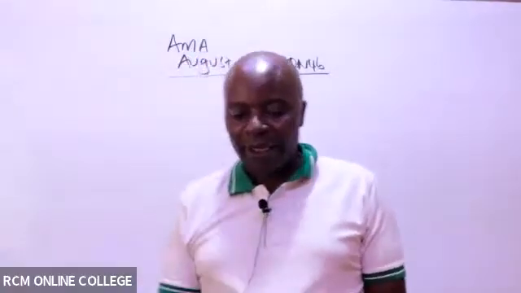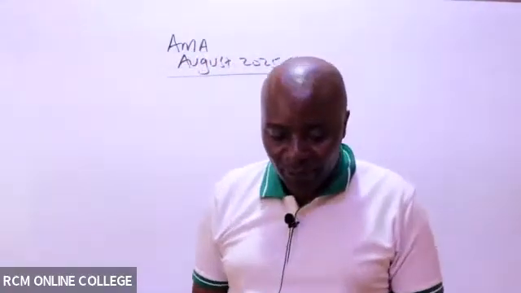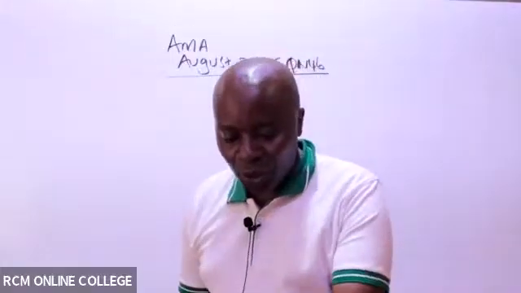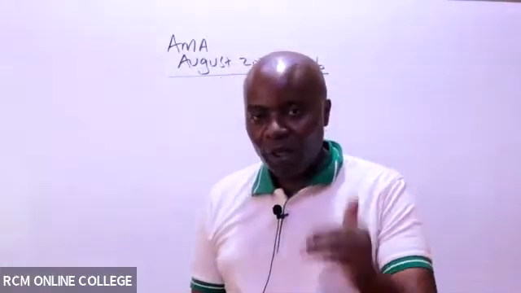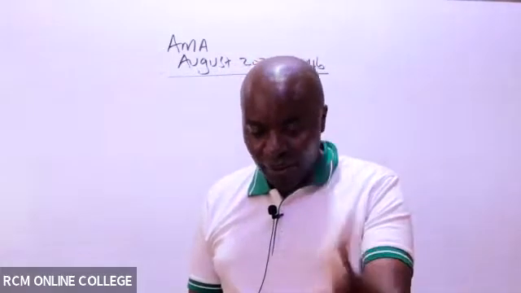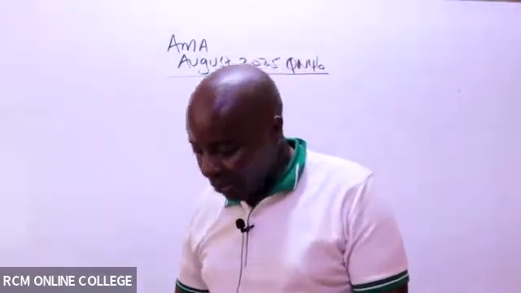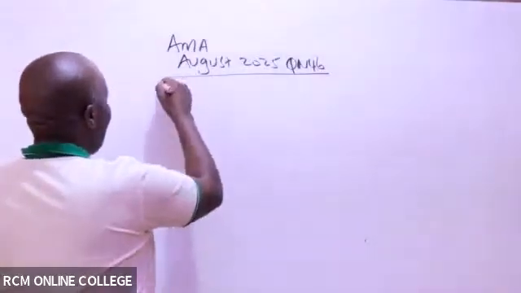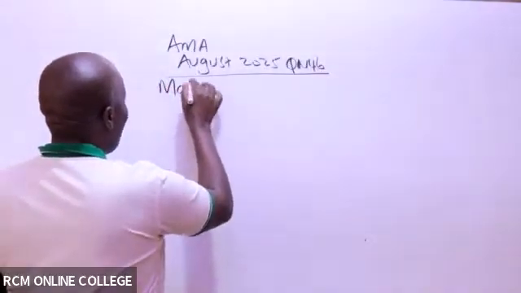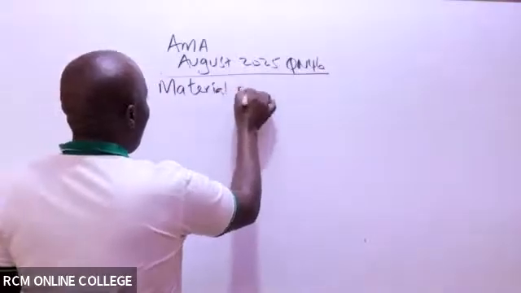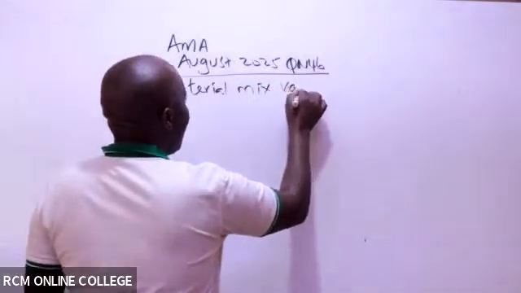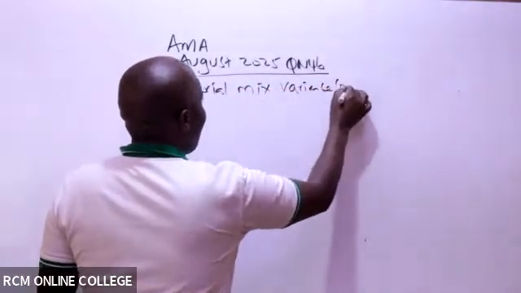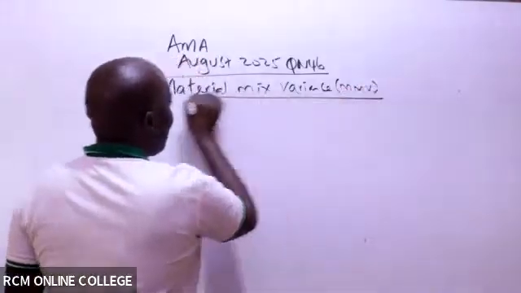All right. So, ladies and gentlemen, this is quite a simple question. Actually, this question should not be tested at this level. At this level, we need serious questions. How can they ask us to compute material mix variance? So how do we get this material mix variance? MMV, what are we doing?